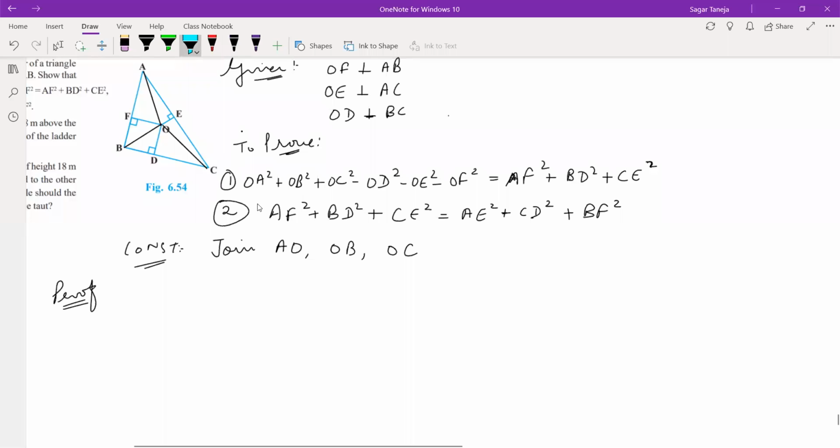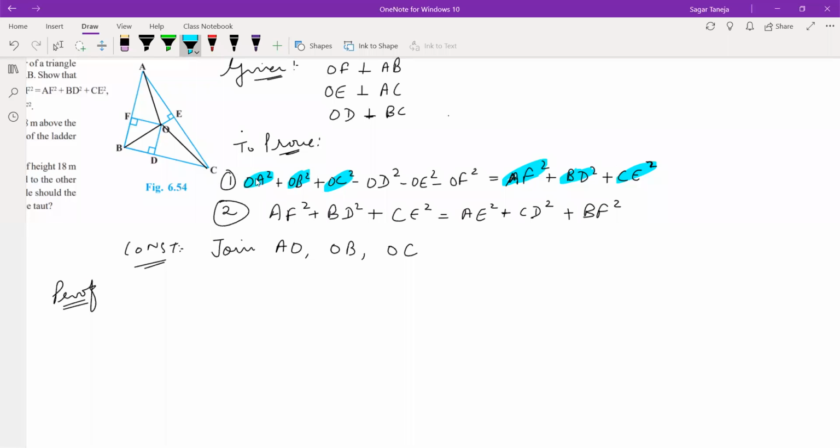What we have to prove, just see this: the first three, 1, 2, 3, and look here, 1, 2, and the third one. Listen carefully to what I am trying to say. We have to identify the triangles, with the help of which we'll be able to get this.